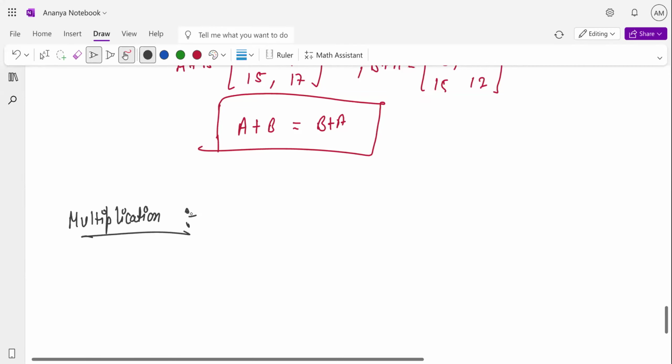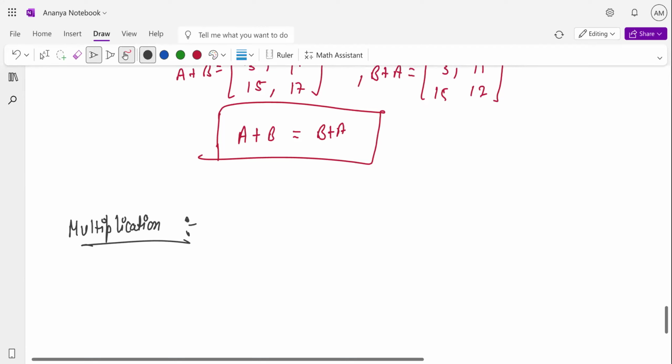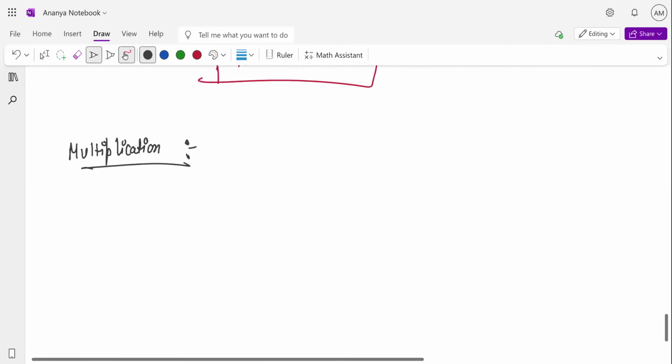What we are going to do in the multiplication is multiply. But how can we multiply? That is the condition. I am given two matrices, matrix A and matrix B, and I have to multiply. So how can we do this?